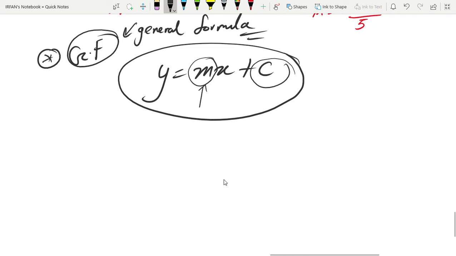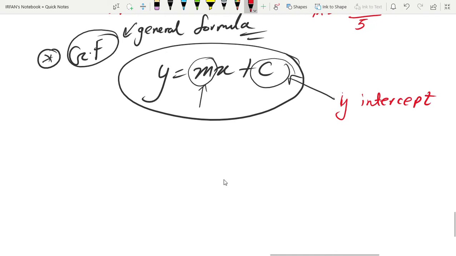So what is plus c? What is this c? Some say it is a constant, but I will say it is the y-intercept. So what is the y-intercept? The y-intercept is the point where the line crosses the y-axis.